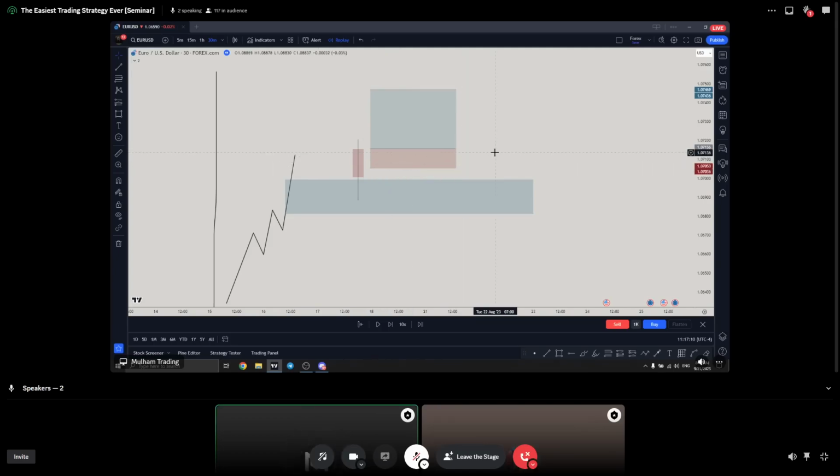Now, this is the first approach, and it's the easiest one, and this is what the person who invented this is doing. He's basically taking any rejection from the fair value gap and going long or short.